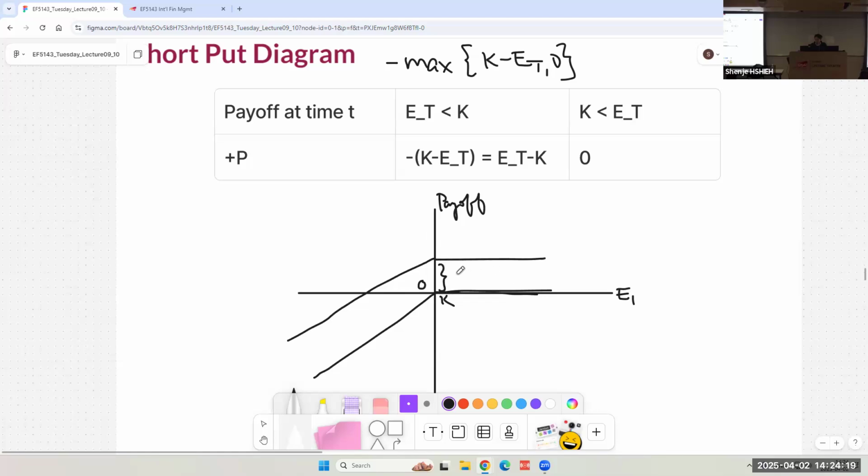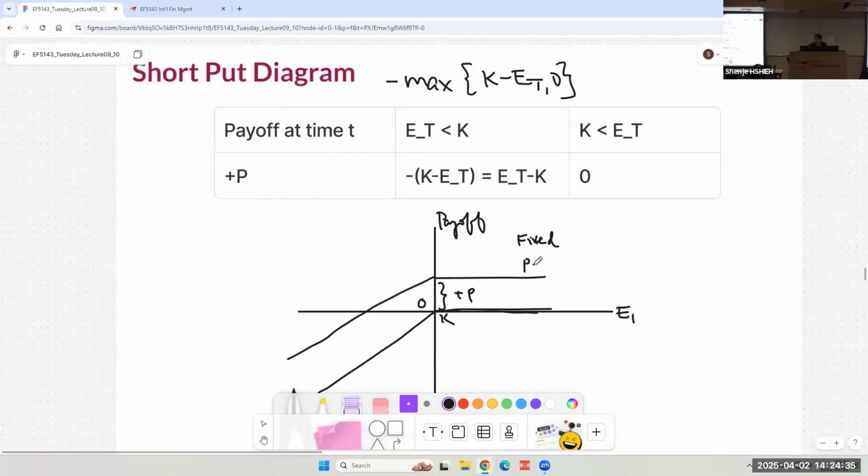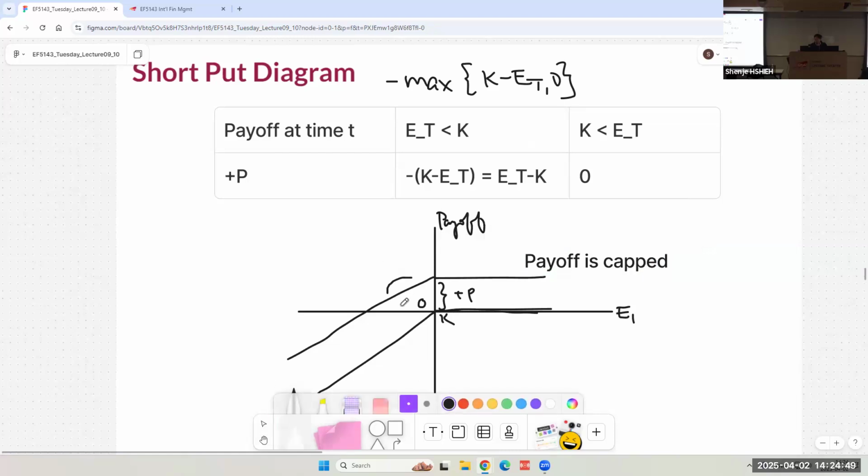So here is plus P. This is a fixed payoff. I'll write fixed payoff at P, or I'll just write cap. I think it's more appropriate. Capped. So your payoff is capped, but you get downside insurance, right?